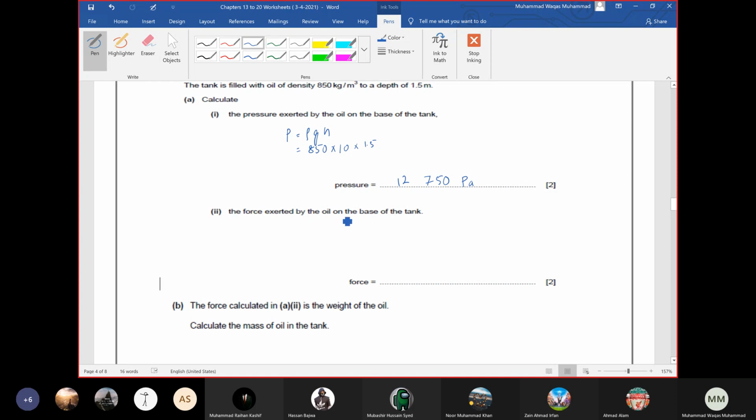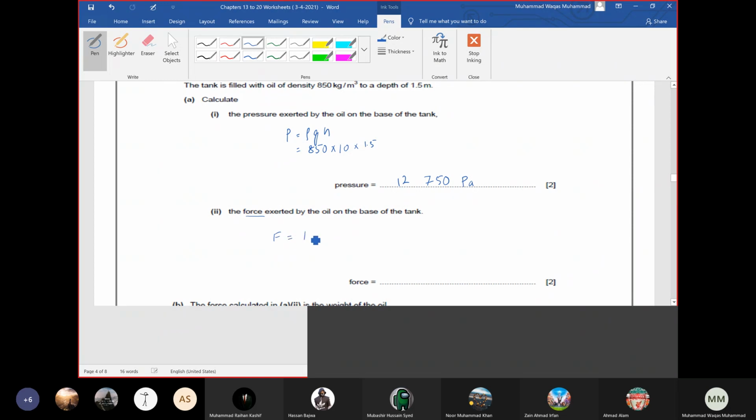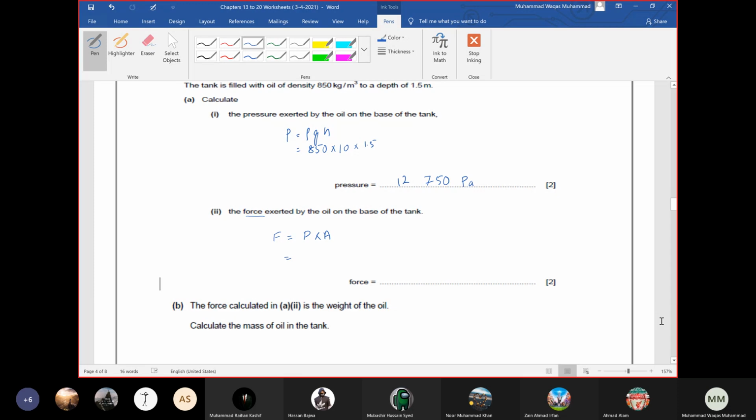Now, beta, the force exerted by the oil on the base of the tank. Sir, we realize the formula: pressure equals force over area. Area is given above, and we have to calculate force. So force is equal to pressure times area. Pressure we have just calculated.